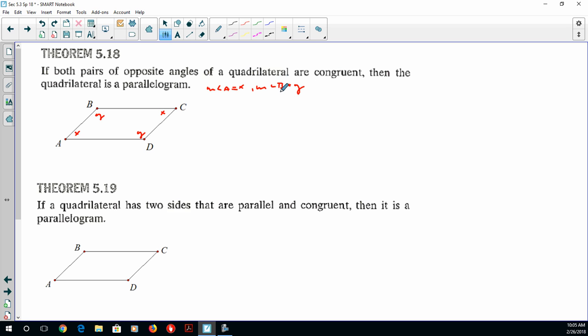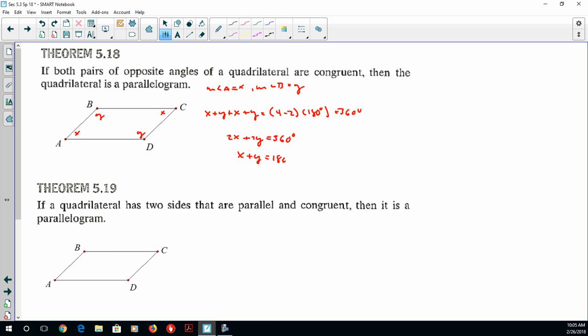And what we know, because this is a quadrilateral, is you take the number of sides, 4 minus 2, times 180, and that gives you the sum of the angles. So 2x plus 2y is 360 degrees, so divide by 2. X plus Y is 180 degrees.